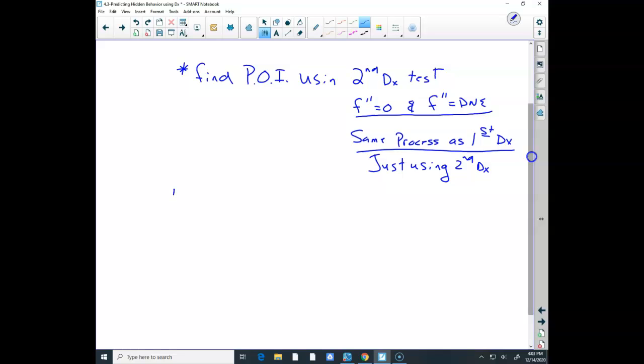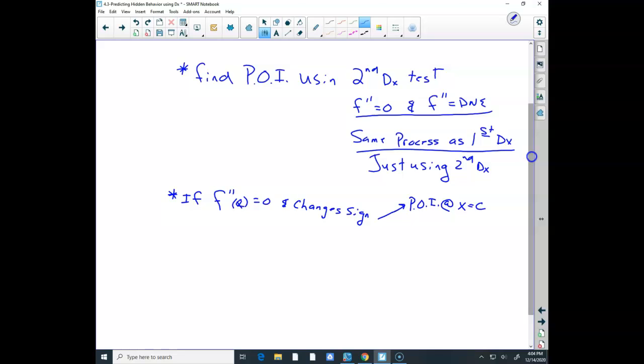If f double prime of x equals 0 and there is a change of signs, then what happens? There is a point of inflection at that x equals c value.